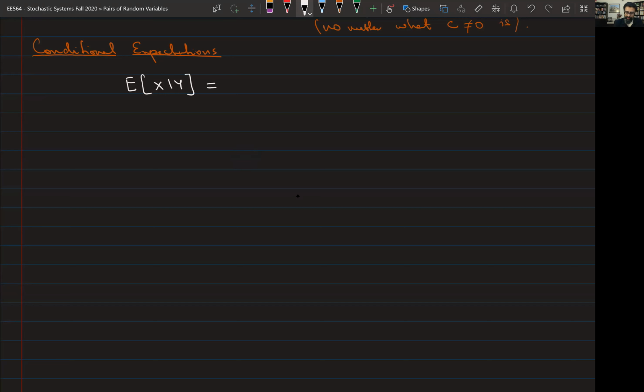And what will be its definition? Can anybody take a guess? How should this be defined?